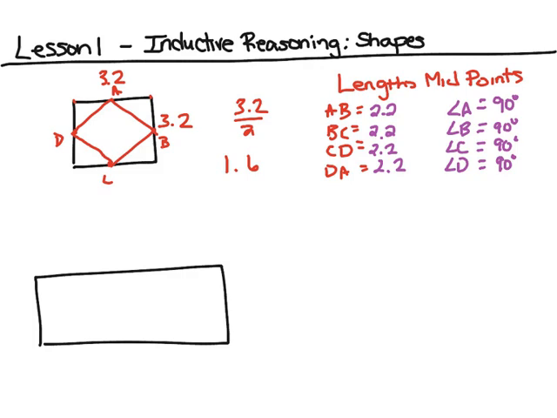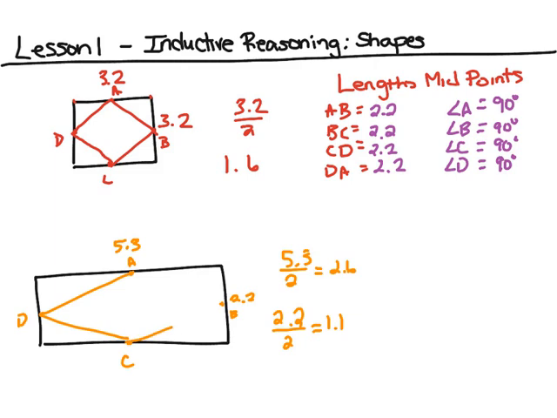So if you measure the sides of your triangle, you should get 5.3 and 2.2. So the midpoints of those, so 5.3 divided by 2 is 2.6, and 2.2 divided by 2 is 1.1. So I want you to measure 2.6 and 1.1 on each of these, and label them A, B, C, and D, and then draw your lines connecting the midpoints. So pause the video and do this on your page.